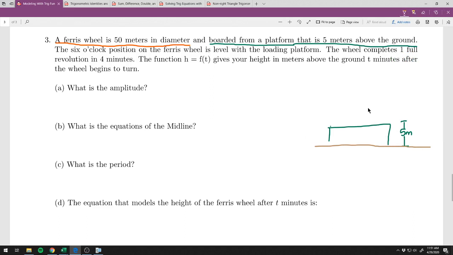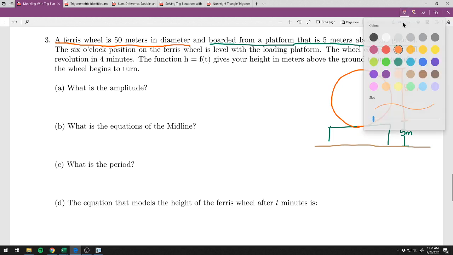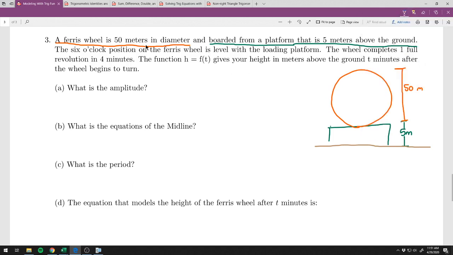And then we got a Ferris wheel that I'm going to try to draw this pretty good circle. And it is 50 meters in diameter, which means from the bottom of the Ferris wheel to the top is 50 meters. The 6 o'clock position on the Ferris wheel is level with the loading platform, which is just saying this is where we get on at the bottom.